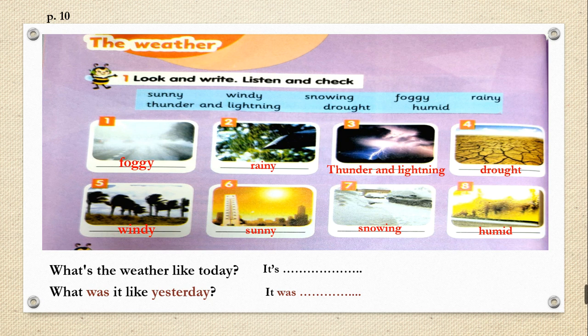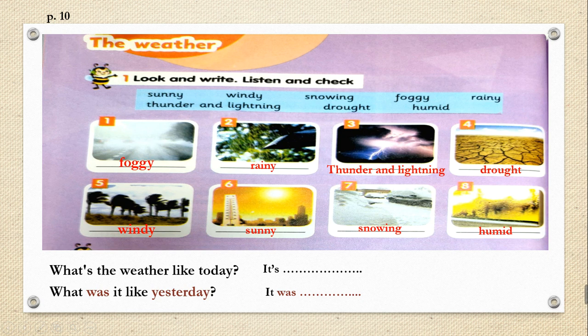If I want to talk or to ask about the weather, I say, what is the weather like today? But if I want to ask about yesterday, excellent, past simple. Is will be what? Was. So what was the weather like yesterday?